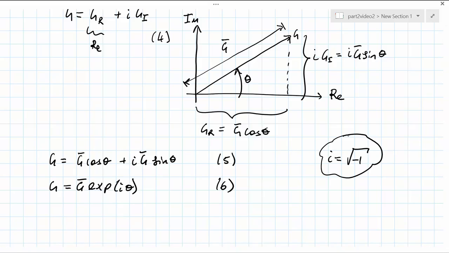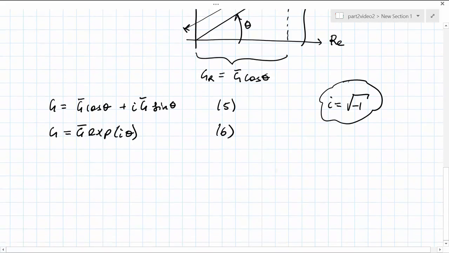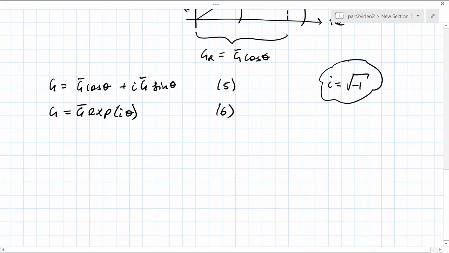For use in subsequent analysis, we need to derive some equations called Euler's equations. These allow us to move between different definitions of complex numbers. If we equate equation 5 with equation 6, we get g bar exponential i theta is equal to g bar cosine theta plus i g bar sine theta.